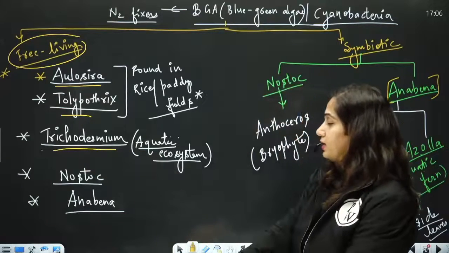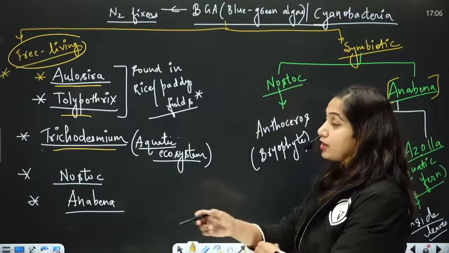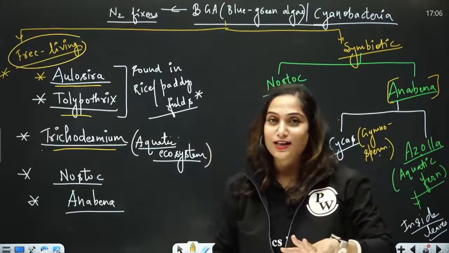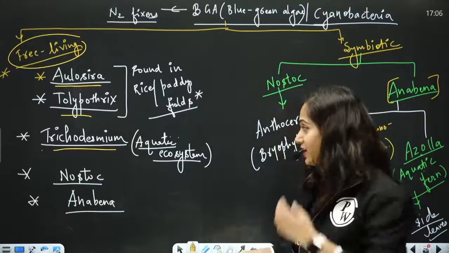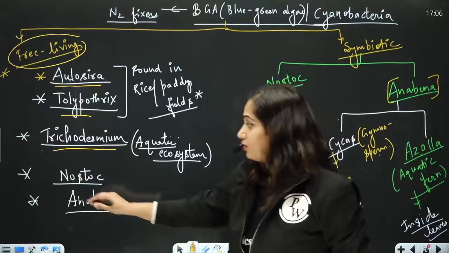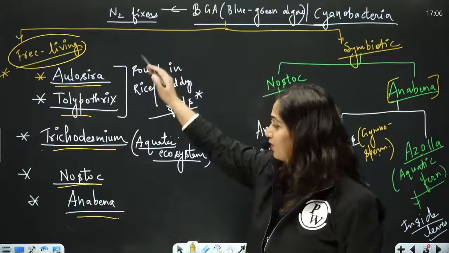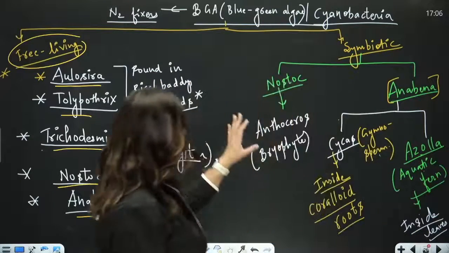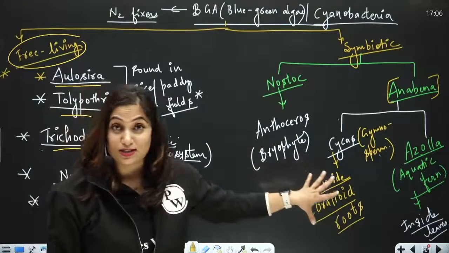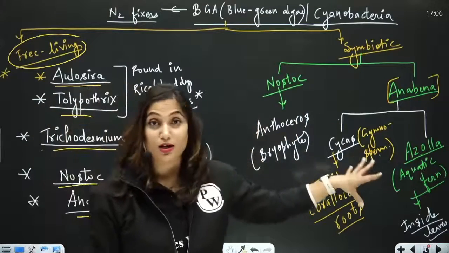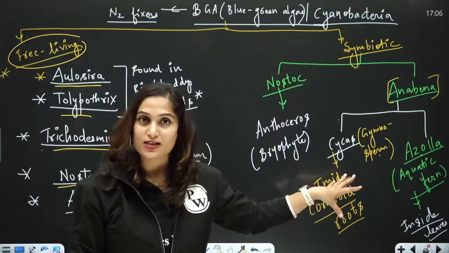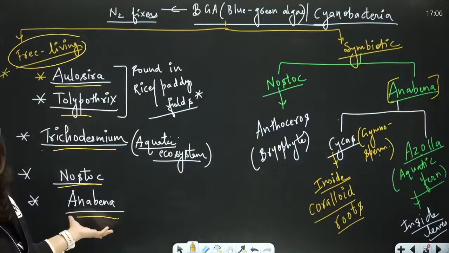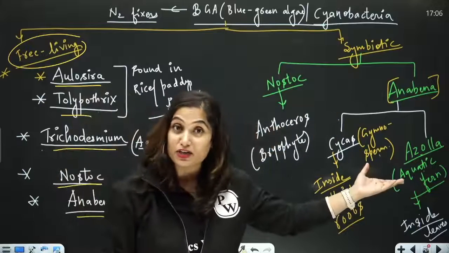Trichodesmium is a red algae which, oh my god, what I'm saying. It's a blue-green algae which causes the red sea. So it is also a nitrogen fixer. Nostoc, Anabaena, these all are free living nitrogen fixing cyanobacteria. Then, very important, Nostoc and Anabaena are special because they can fix nitrogen both in free living condition as well as in symbiotic condition.